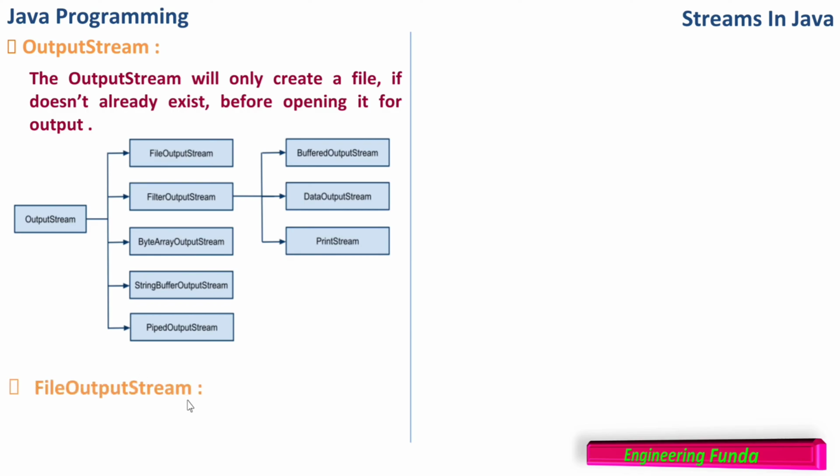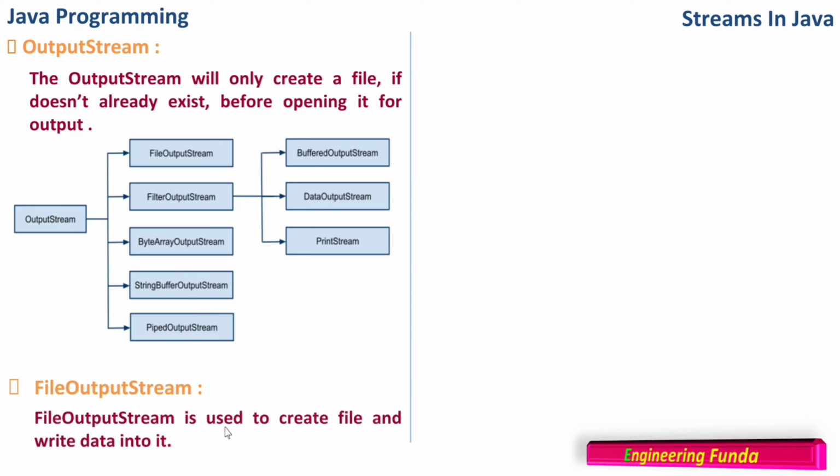So let us see an example of file output stream. File output stream is used to create a file and write data into it if that file does not exist. But if that file exists, then it will not create it, but it will open it for writing data into it. There are two ways to use file output stream, just similar to file input stream.